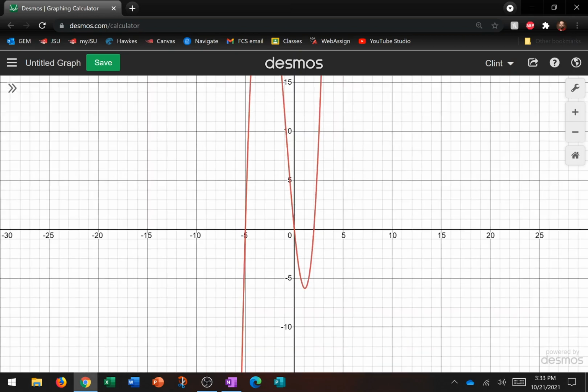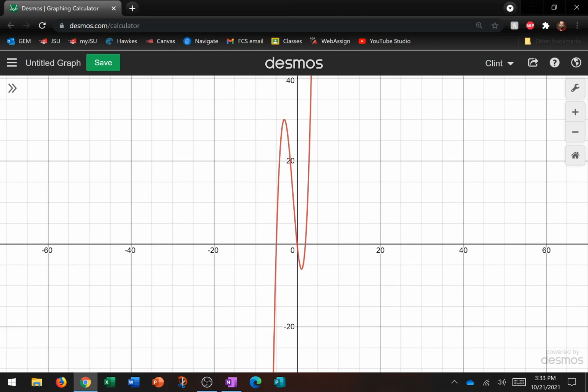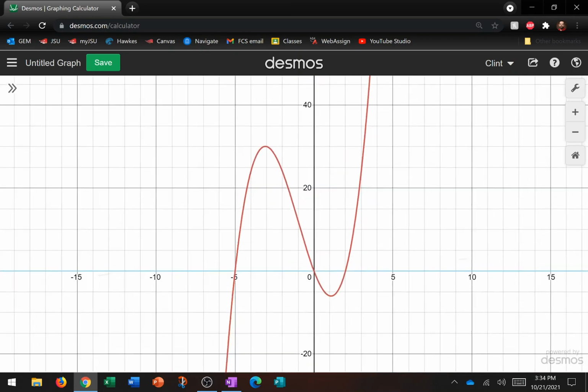Okay, the picture's a little off. I didn't bring it up that high, but it's the right general shape. If we stretch it out a little bit, that'll help.